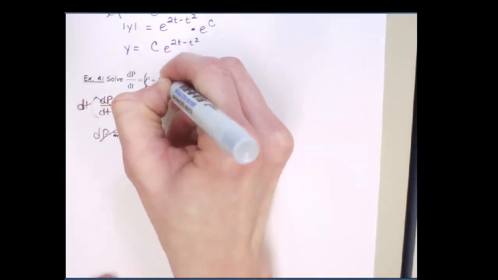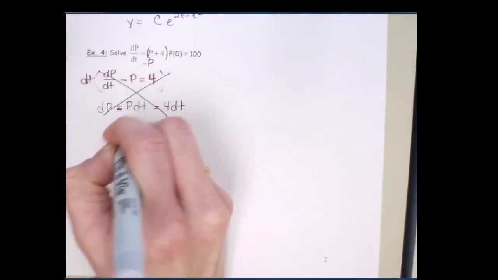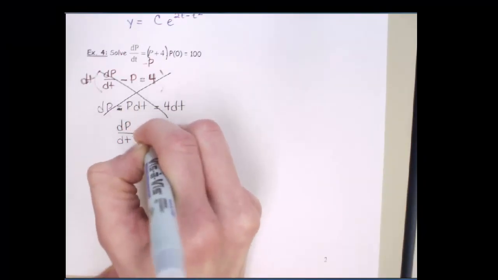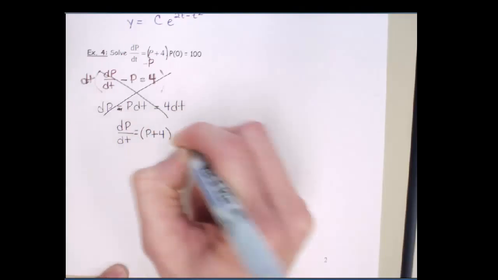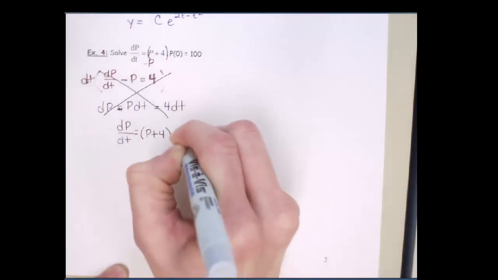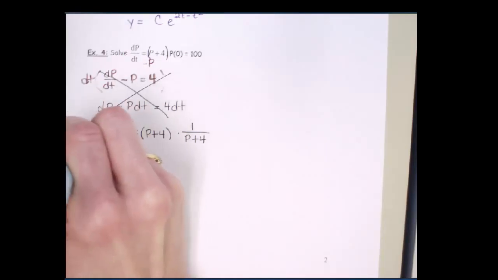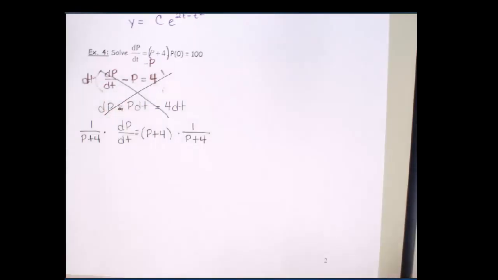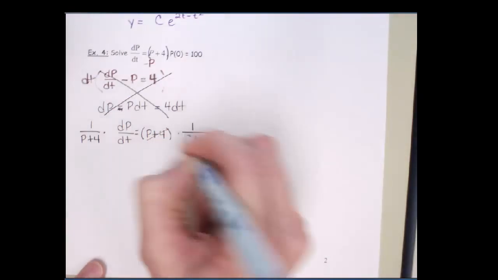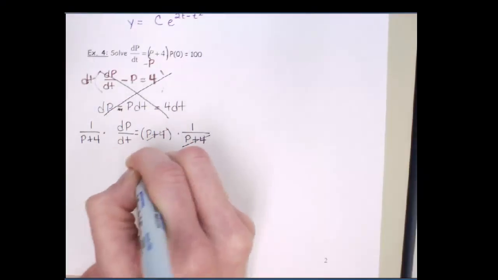What we do want to do is think about this p plus 4 as one whole unit. So we want to take dp dt, and we're going to actually divide or multiply by 1 over p plus 4. So on this side, we just have a 1.